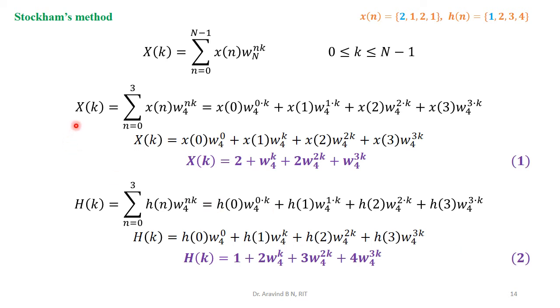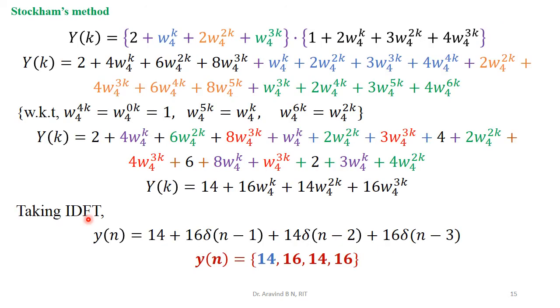Right. Now we have calculated X of k and H of k. The next step is we need to obtain Y of k. That is, Y of k is equal to X of k into H of k. So Y of k is equal to X of k multiplied with H of k.